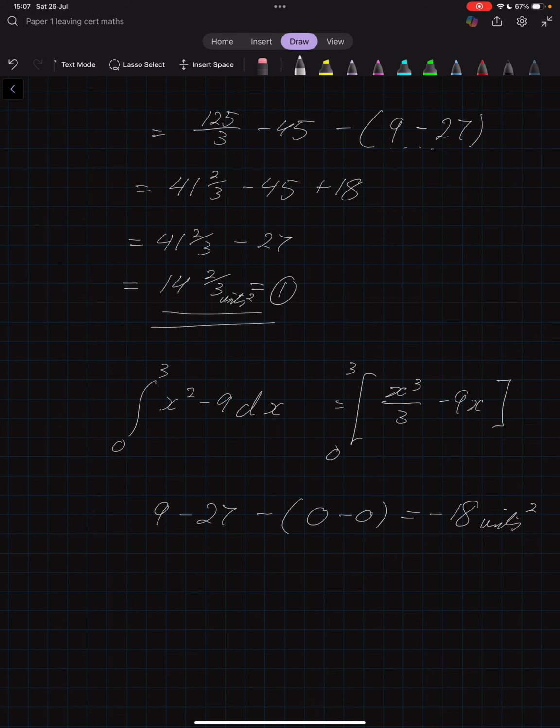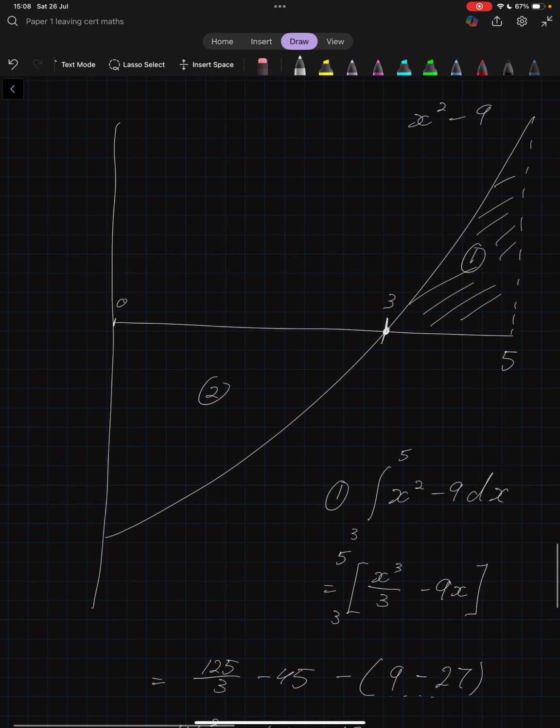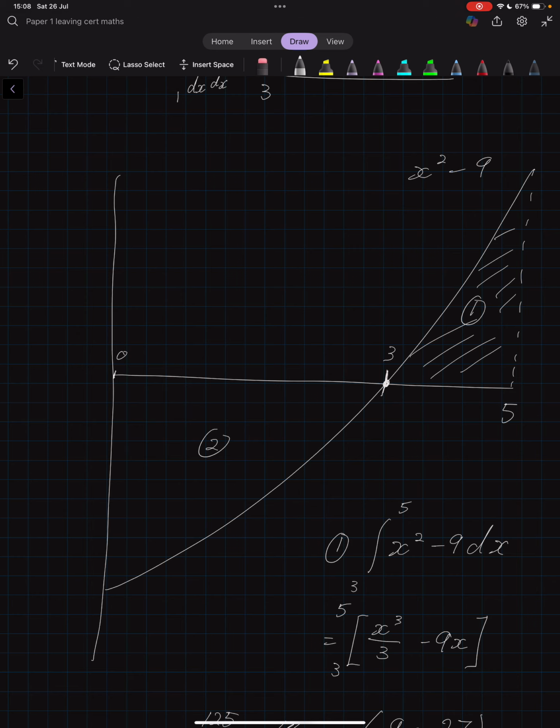Now, hold on a minute. That does not make any sense, because I just said that if you integrate a function, you get the area. So how is it we're getting a negative area? This is one thing. Integration, we interpret it as being area, but it doesn't know that.